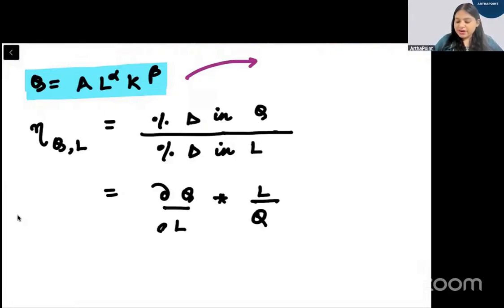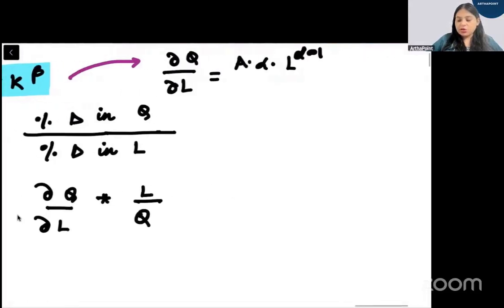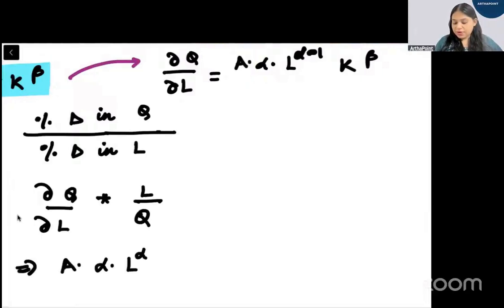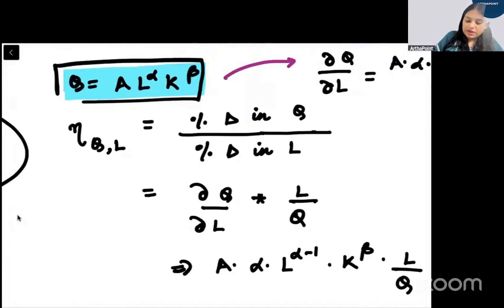So if I differentiate my output with respect to labor, I will get A, power comes down, power reduces by 1, into K to the power beta, right? So I will write this here: A alpha, L to the power alpha minus 1, K to the power beta, into L by Q. ठीक है. अच्छा, what is the value of Q? क्या दिया हुआ है आपको Q? ये वाला value दिया हुआ है.